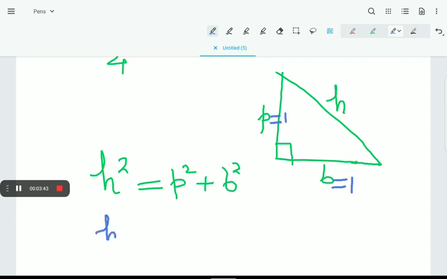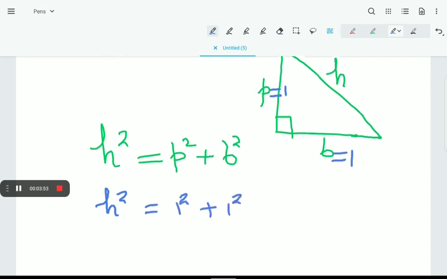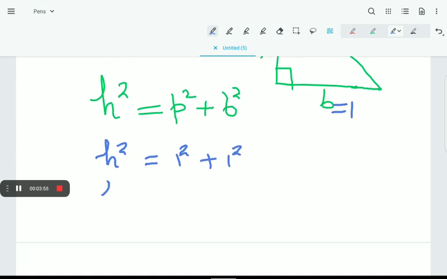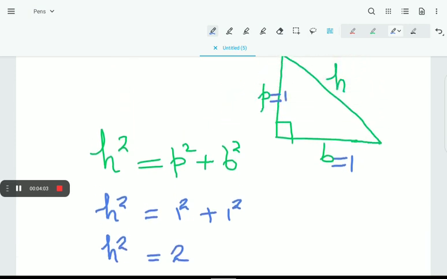Then h square is 1 square plus 1 square, and so h square equals 2. So what do you think the hypotenuse should be? It should be a number h so that h square equals 2.